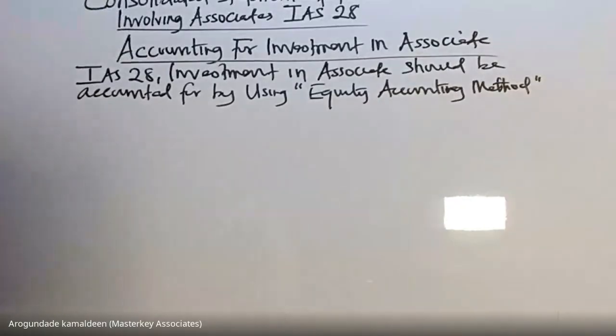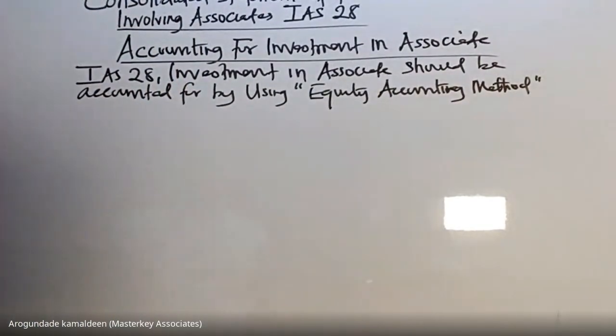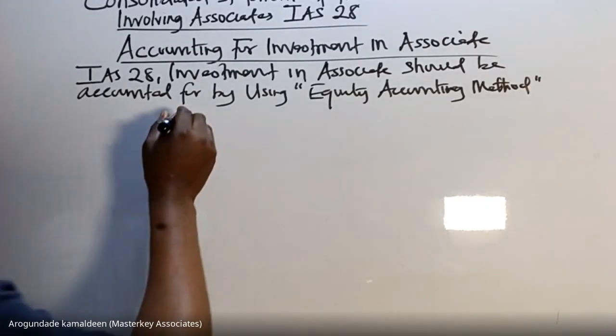So it is initially recorded at cost, and adjusted thereafter for the post-acquisition changes in the investee's net asset. So let me now give us the full detail of this method.